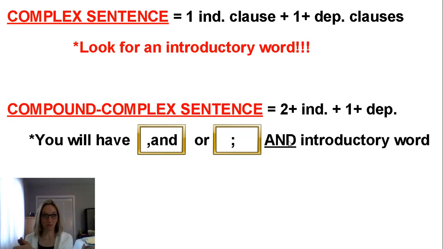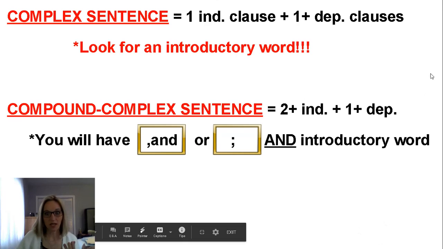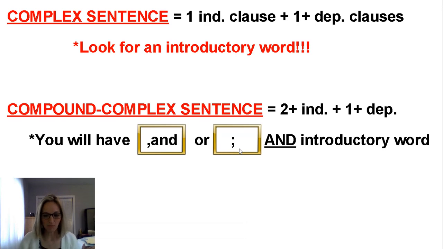It's either going to be simple or complex, okay? So that narrows it down to two if you do that to begin with, okay? Then look and see if it has an introductory word. If it has your comma conjunction and an introductory word, then you know it's compound complex. But if it doesn't have a comma conjunction, but it does have an introductory word, then you know it is just complex, okay?